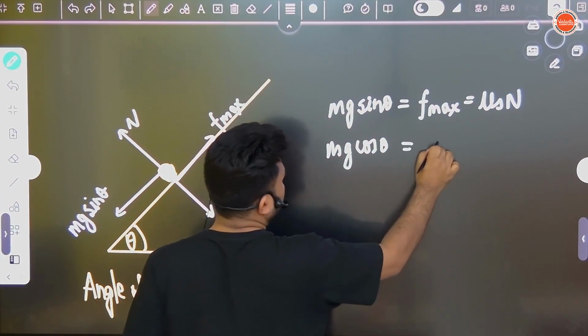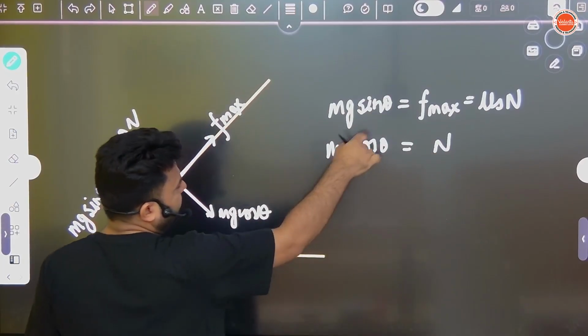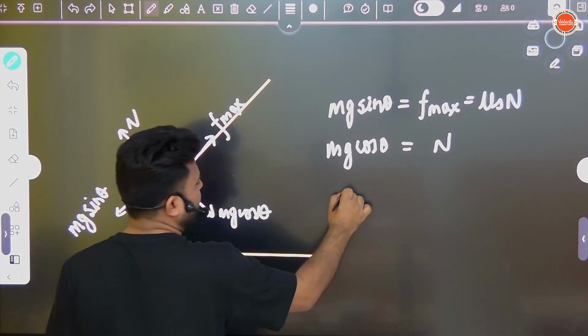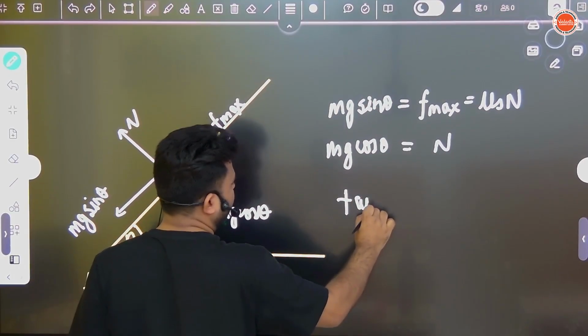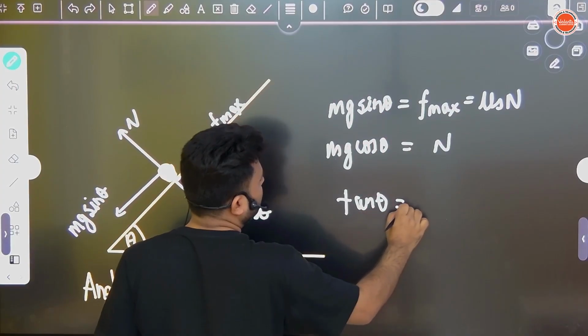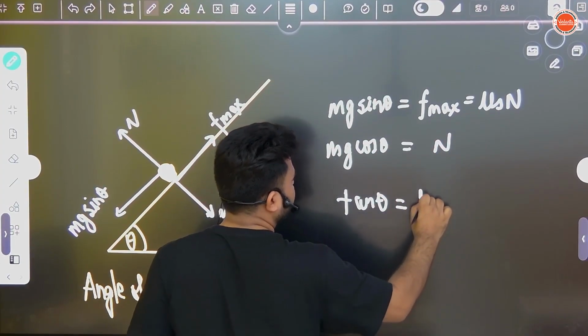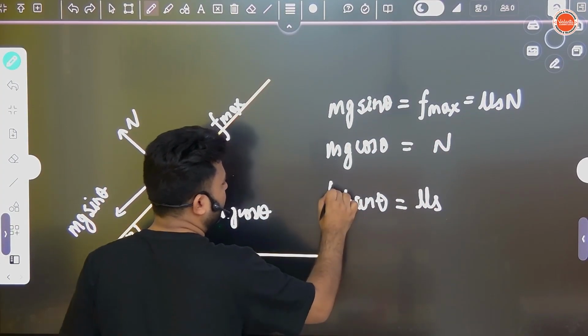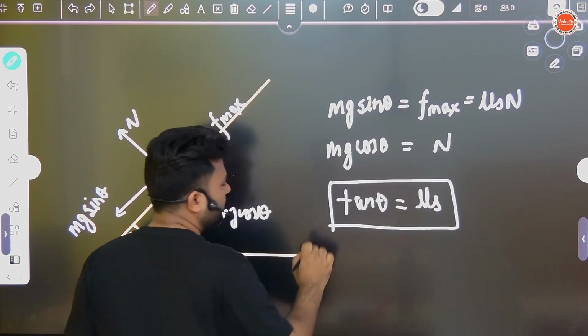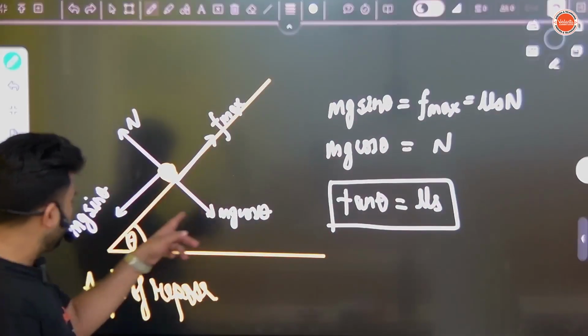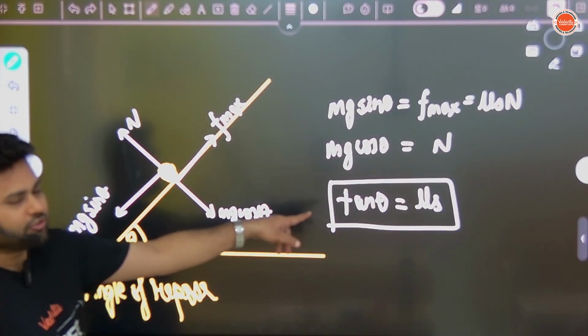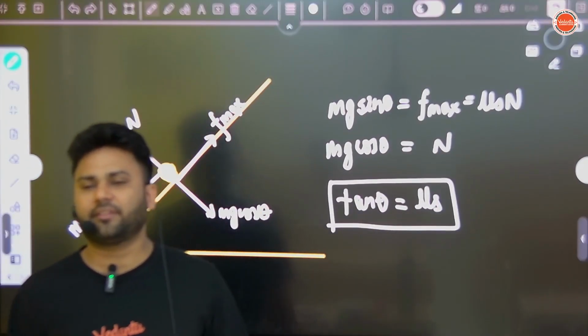Again if I divide, mg cancels, sin theta by cos theta is tan theta, equals mu s, N cancels. See, almost the same kind of formula. Tan of angle of repose is also equal to the coefficient of static friction.